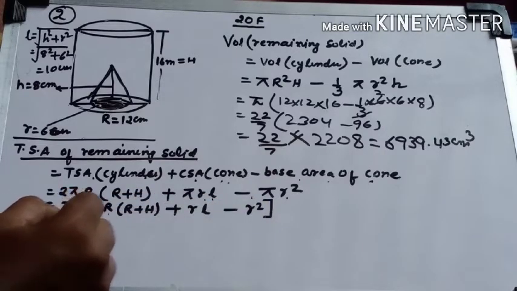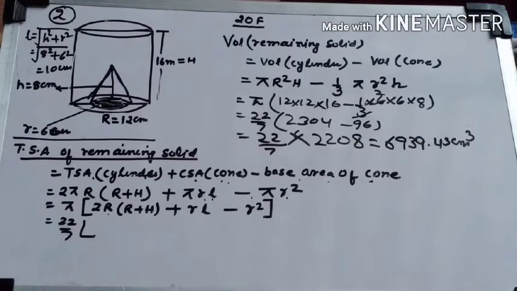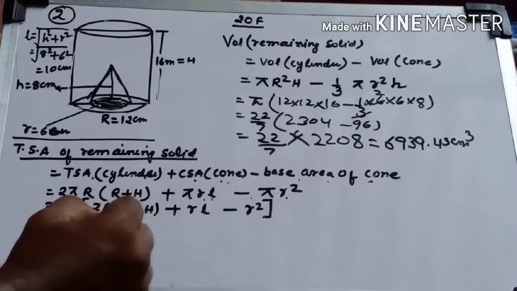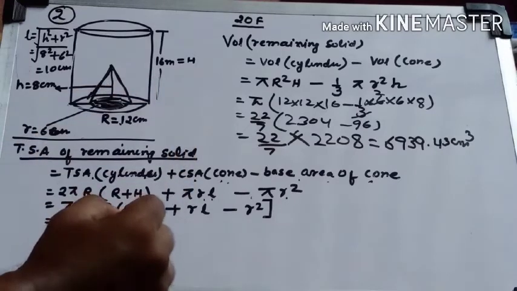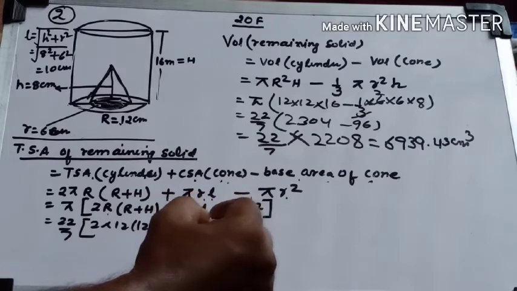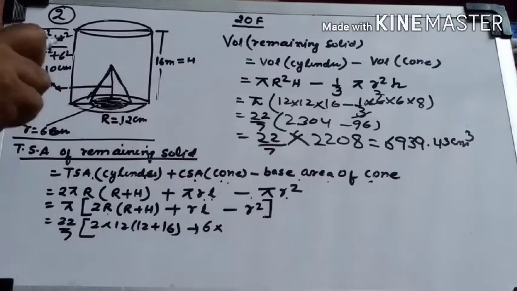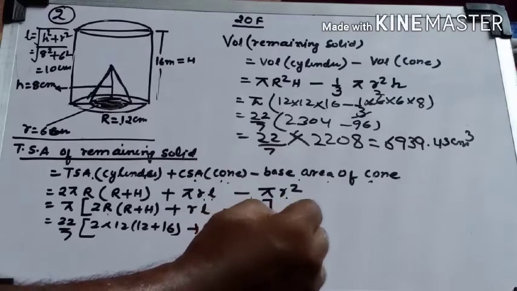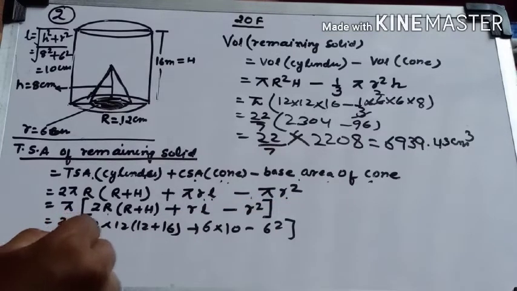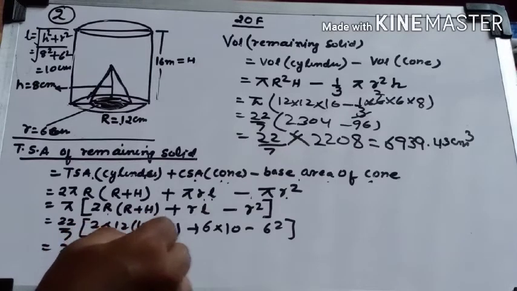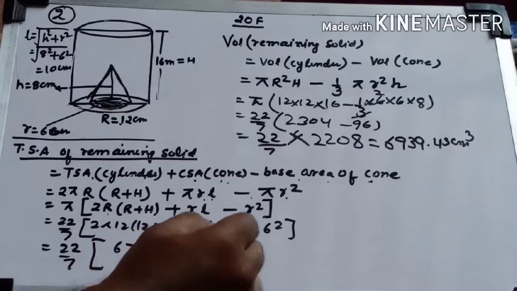We will put the value 22 by 7. So 22 by 7 into 2 into radius is given 12 into 12 plus 16 plus radius of cone is given 6 into slant height we have calculated as 10 minus small radius is given how much, 6 for the square. So it will be 22 by 7 into, after calculation this will come out as 672, this is 60, and this is 36.